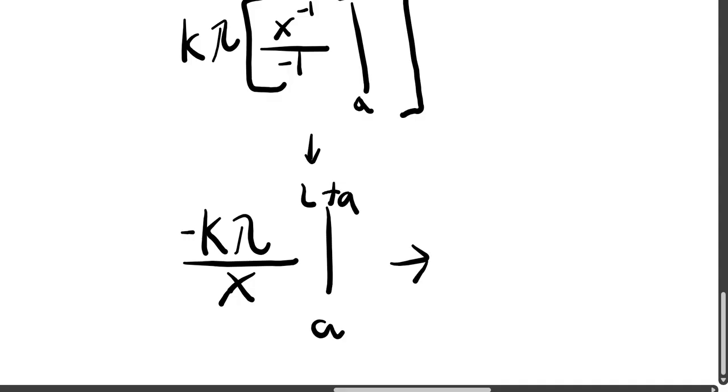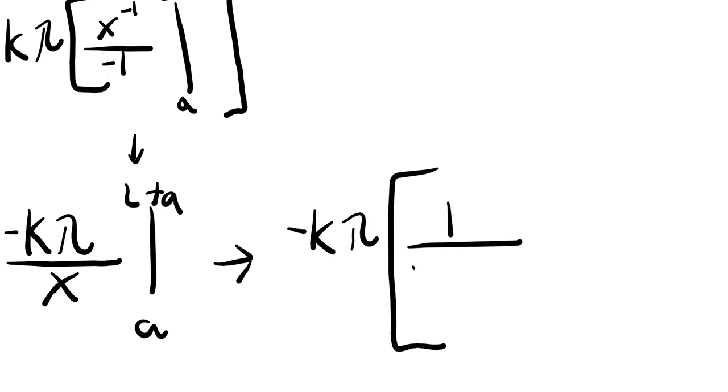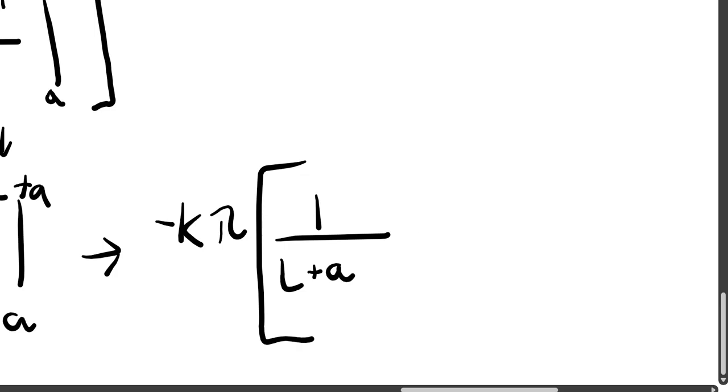Which then becomes negative k lambda times 1 over L plus a minus 1 over a.